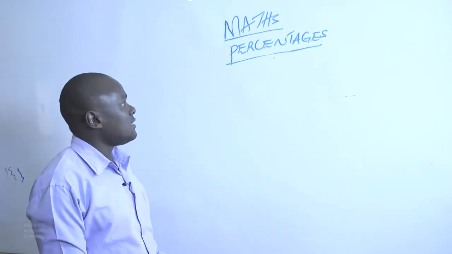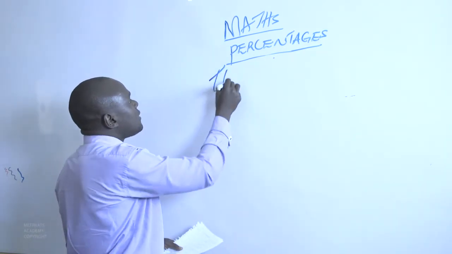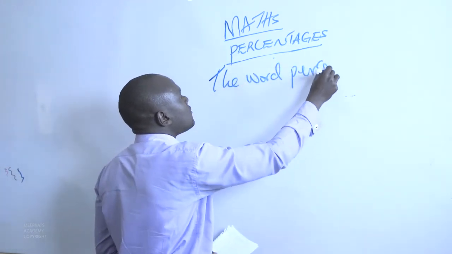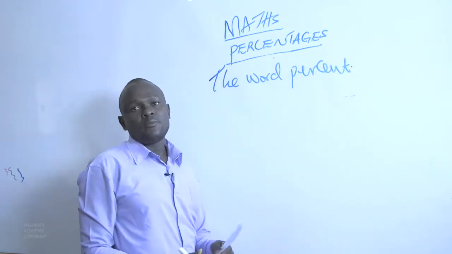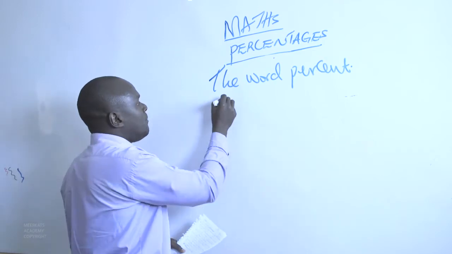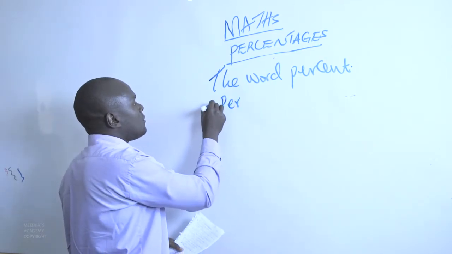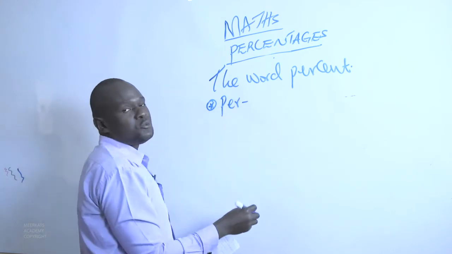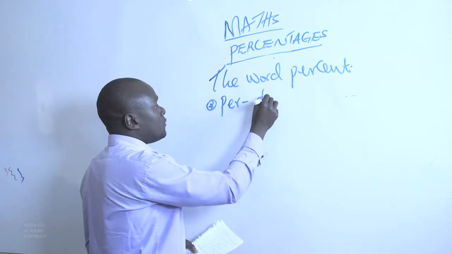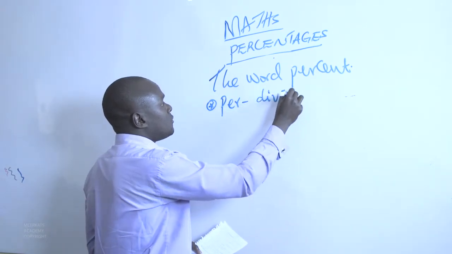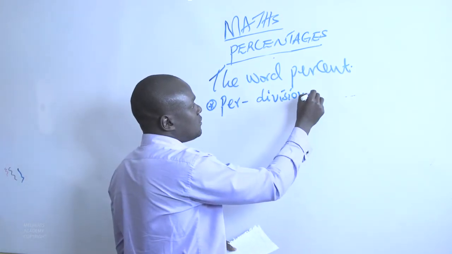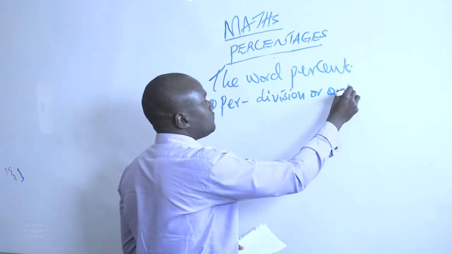This word percent is a combination of two words, per, which means division, or basically out of.